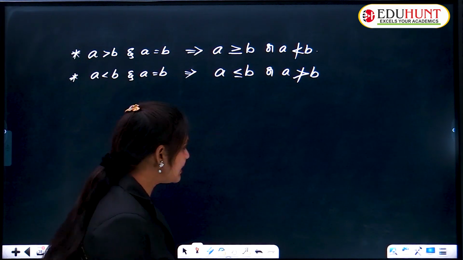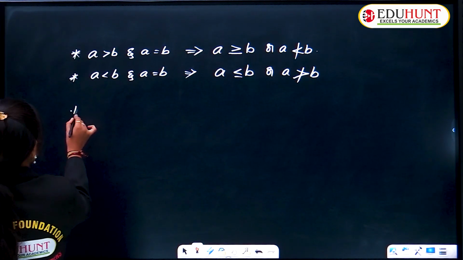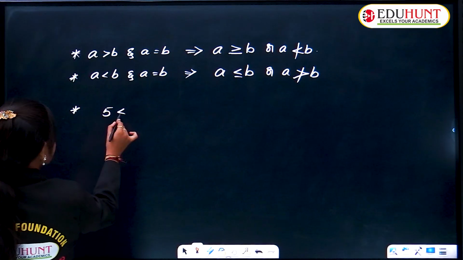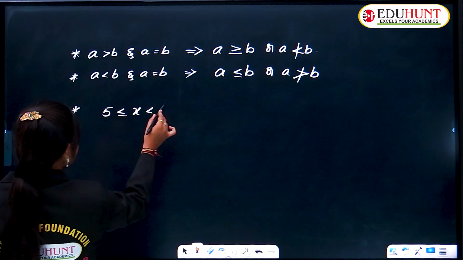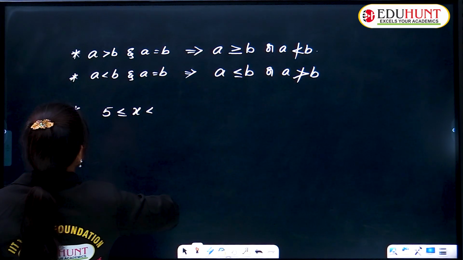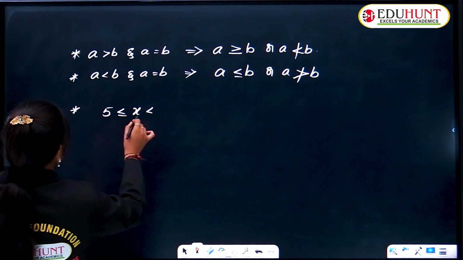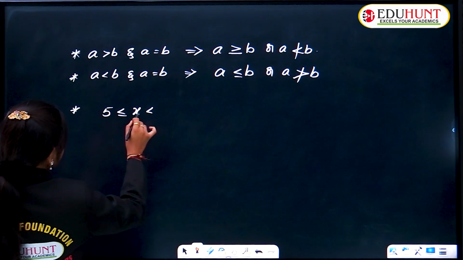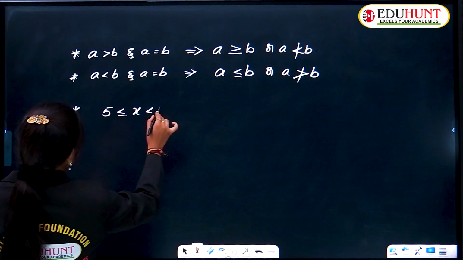For example, 5 is less than or equal to x, and x is less than 2.